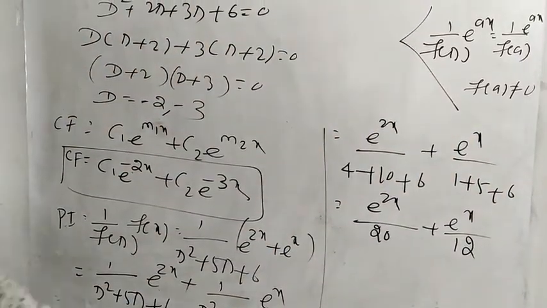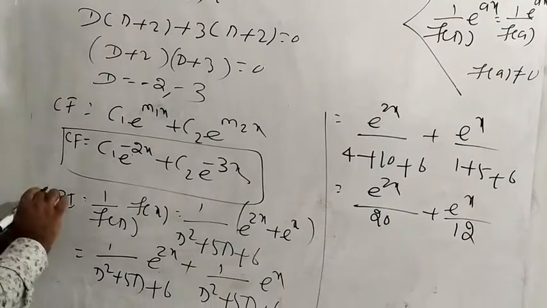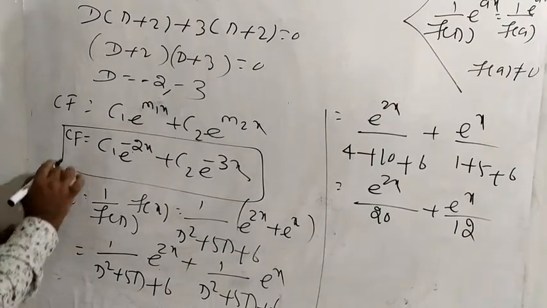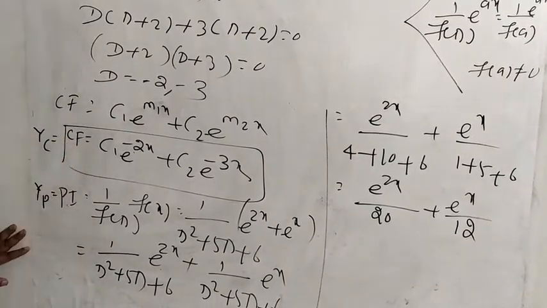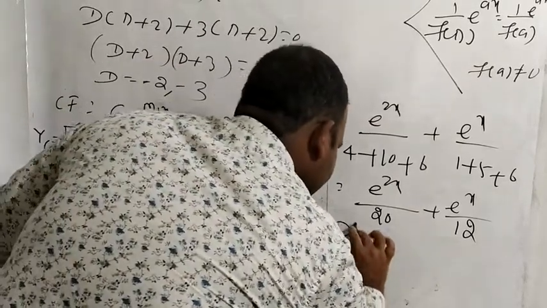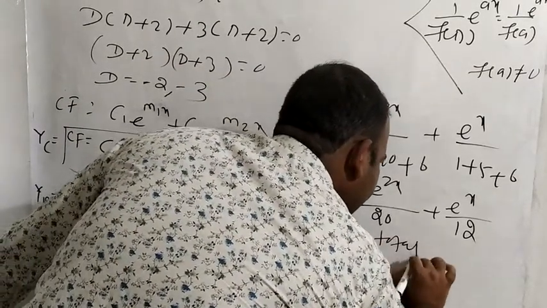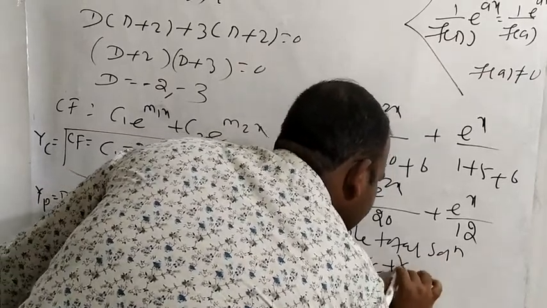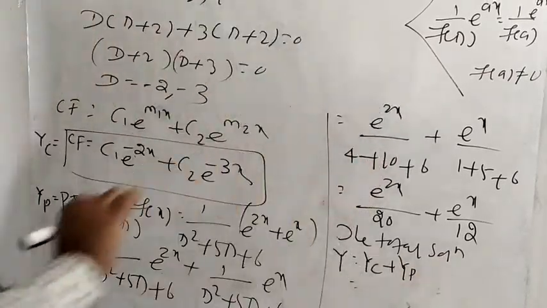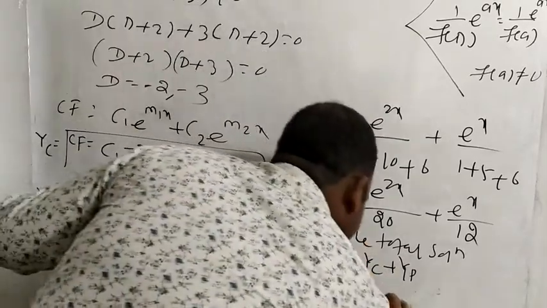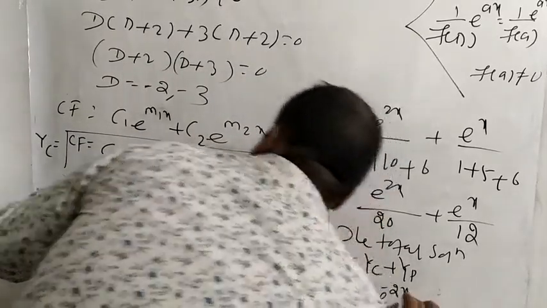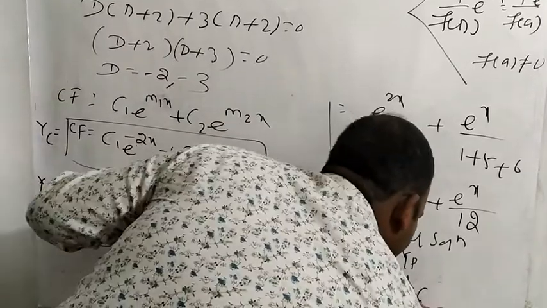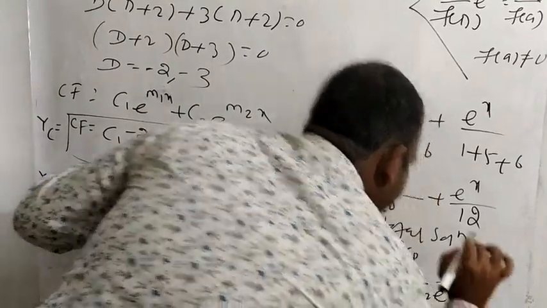Okay, so this is our PI, or yp. So what is the total solution? The total solution is y equals yc plus yp. What is yc? c1 e raised to 2x, c2 e raised to minus 3x.